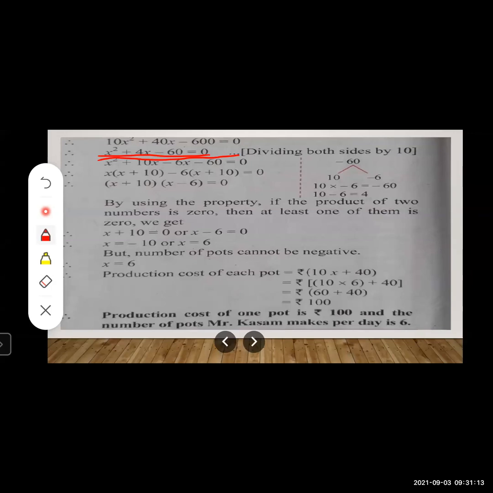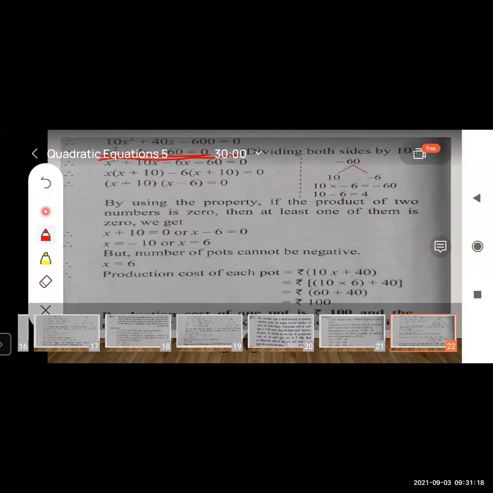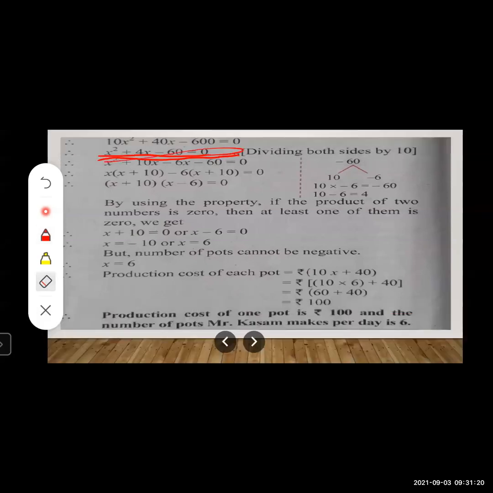In the factorization method you need to know which is the middle term and what is the last term. The middle term is plus 4. The last term is minus 60. So find the factors of the last term in such a way that when you add these factors you get the middle term, and when you multiply these factors, the product should be the last term.